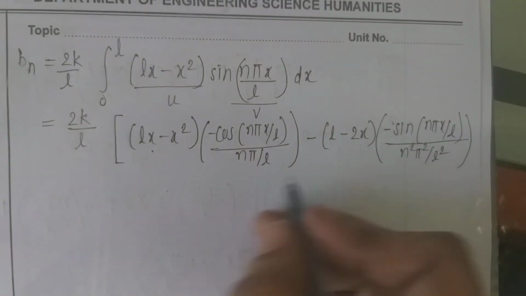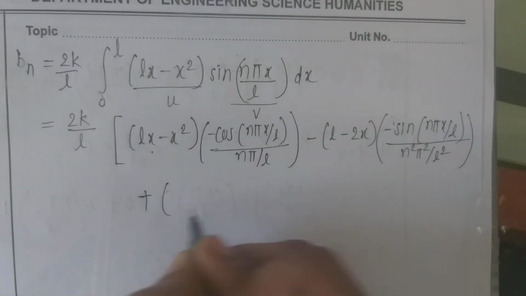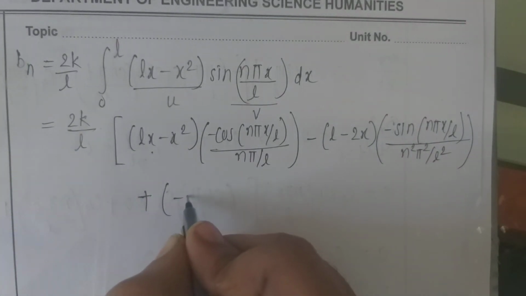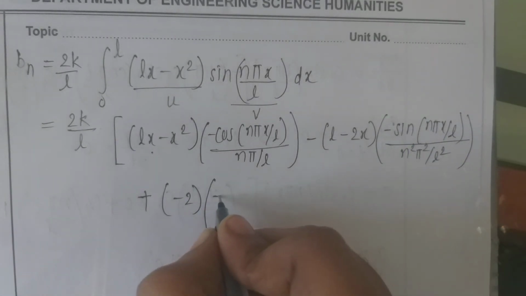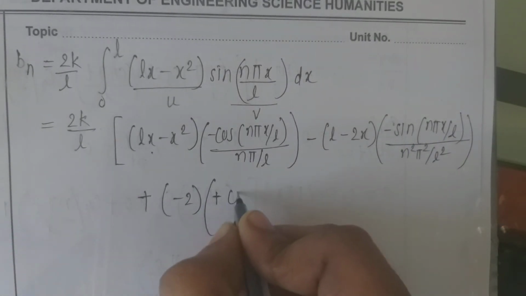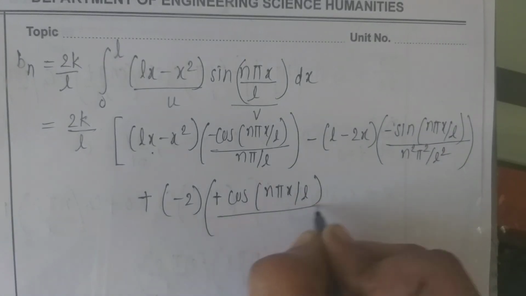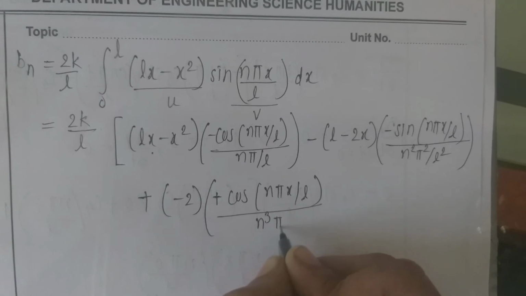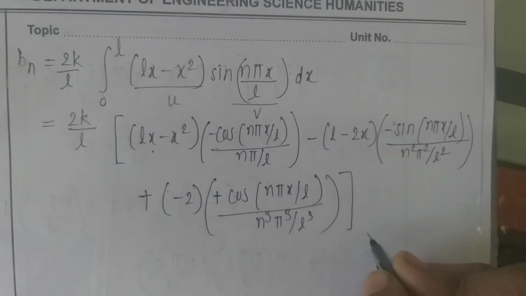And next is plus the derivative of L minus 2x, which is, the derivative of L is 0 and of minus 2x is minus 2. The integration of minus sine is minus of plus of cos of n pi x by L divided by n cube pi cube divided by L cube. So this is the value over the range 0 to L.